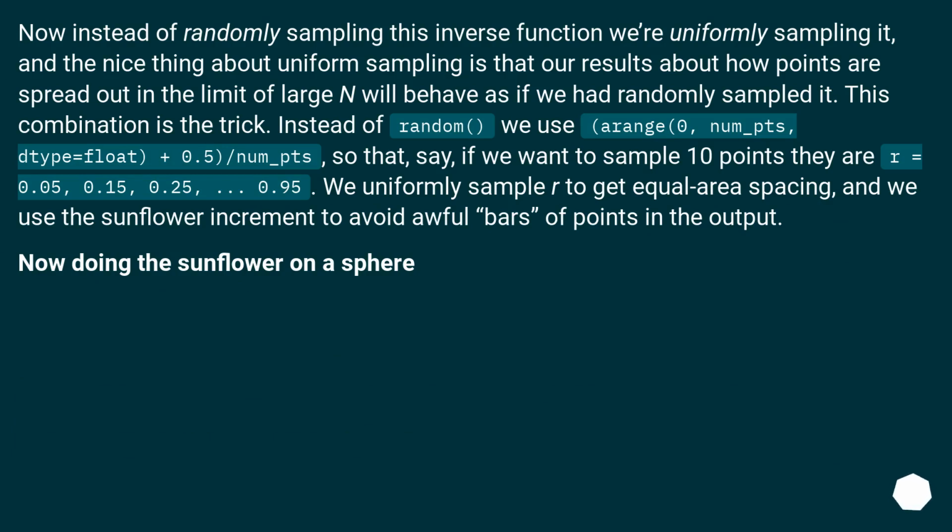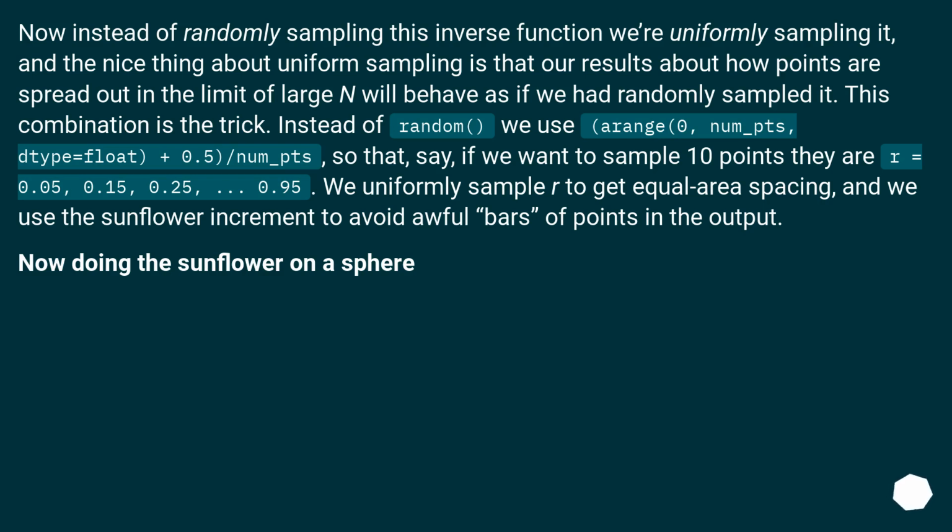Instead of random we use arange(0, num_pts, dtype=float) plus 0.5 over num_pts, so that, say, if we want to sample 10 points they are 0.05, 0.15, 0.25, ... 0.95. We uniformly sample r to get equal area spacing, and we use the sunflower increment to avoid awful bars of points in the output.